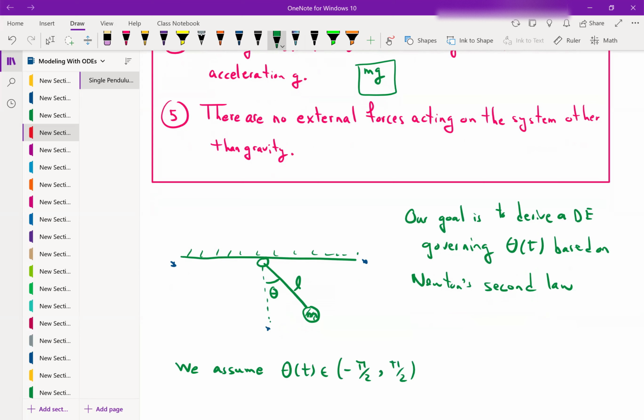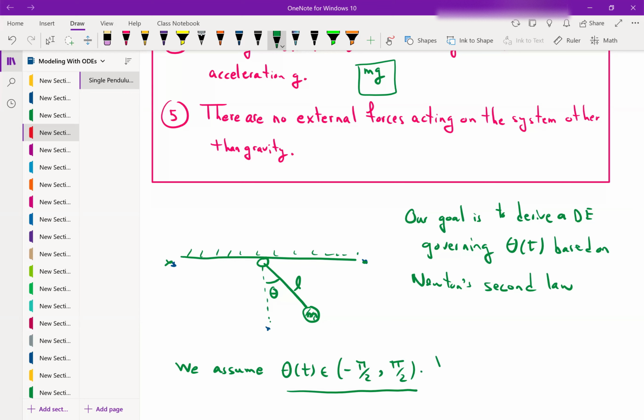So I'm going to assume that the variation of this angle is from negative pi over 2 to pi over 2, instead of assuming it's going from 0 to pi. That would have been another way to model this problem, but the way I'm measuring theta, when the rod is vertically aligned, theta is 0. At this point, theta is equal to pi over 2. In my measurement, at this point, theta is negative pi over 2.